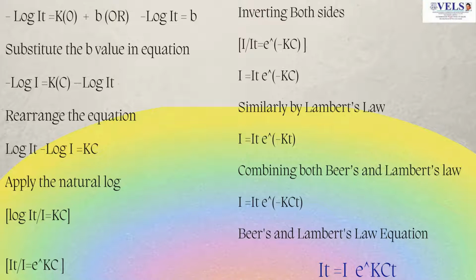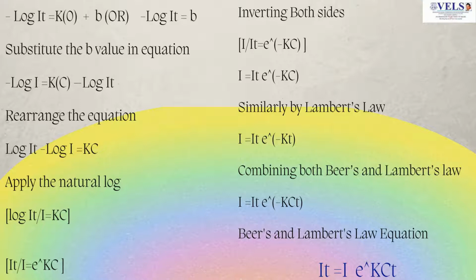So this is the equation of Beer's law: capital I equals IT times e to the power of minus kc. Similarly, applying Lambert's law, we get capital I equals IT times e to the power of minus kt.